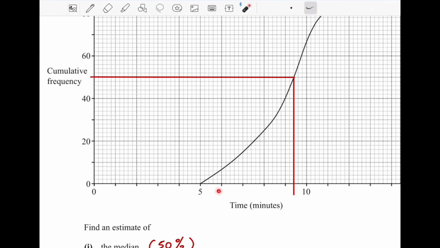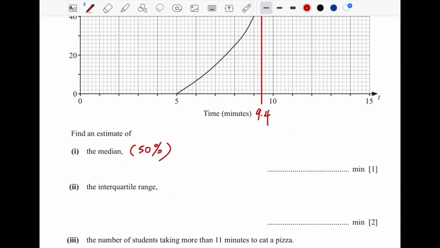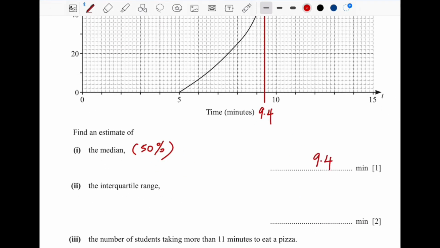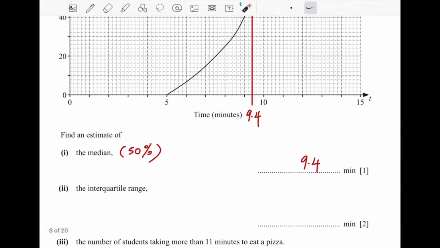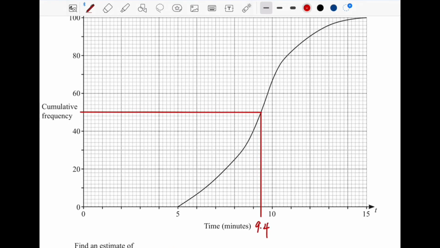It will be 9.4 minutes. Interquartile range is the difference between the upper and the lower quartile, the difference between 75% and 25%. 75% of 100 is still 75.